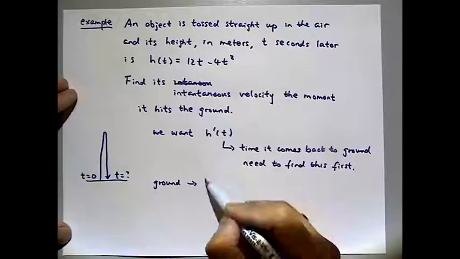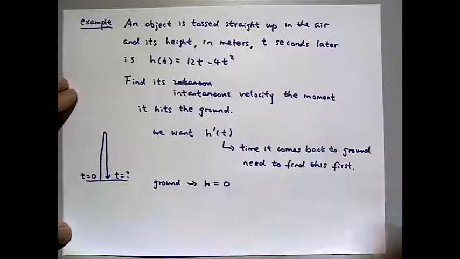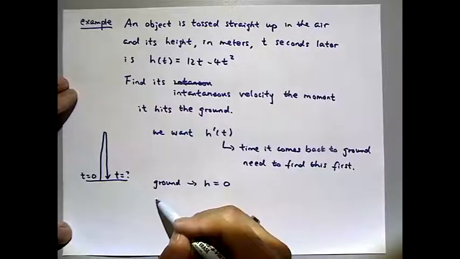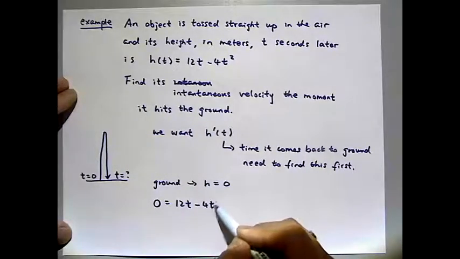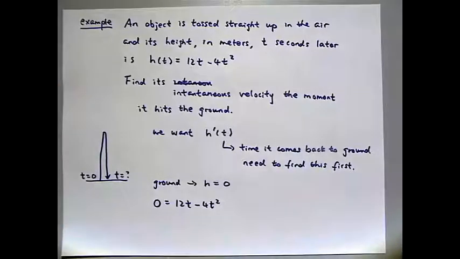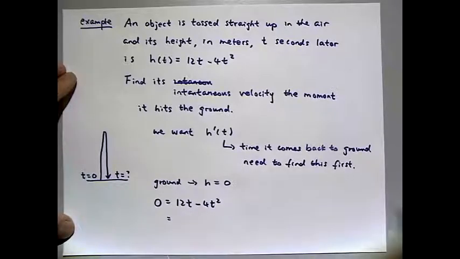Ground is h equal to 0. So we take our equation, make h equal to 0. This, by the way, geometrically is the same as finding the x-intercepts that we did earlier. Exactly the same thing. We're finding the t-intercept. Factor a 4t out of this.